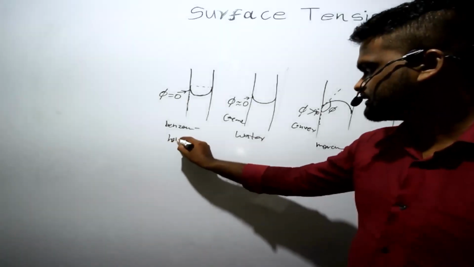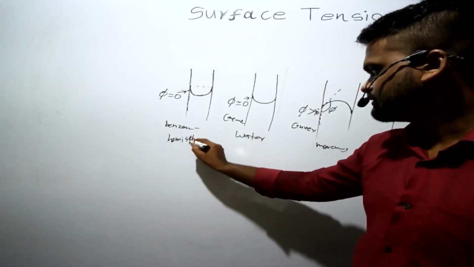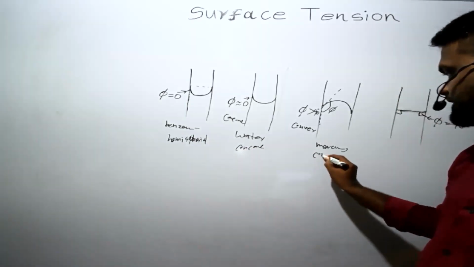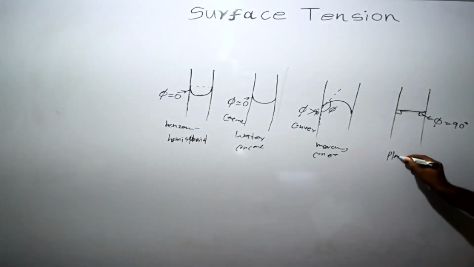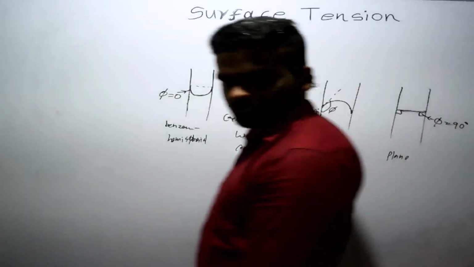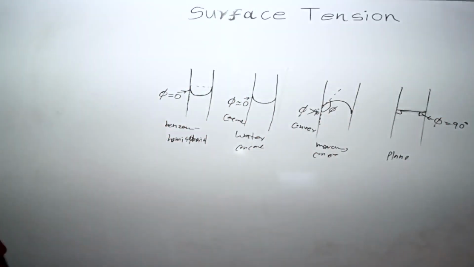Here hemispherical, right? Hemispherical. Here concave, convex, plano. If you are done, thumbs up, okay?